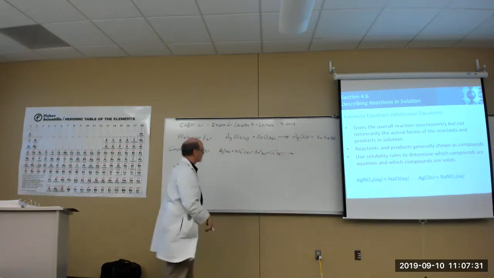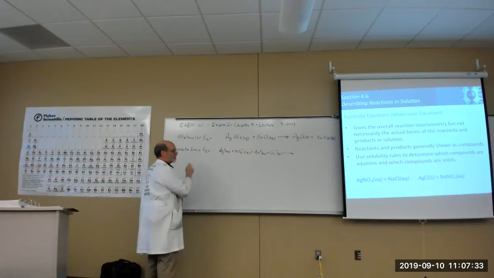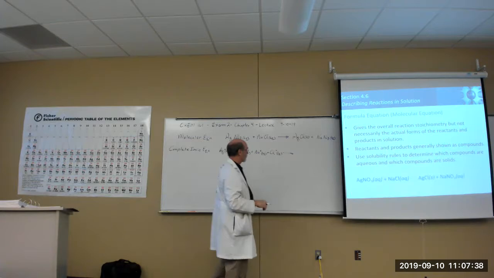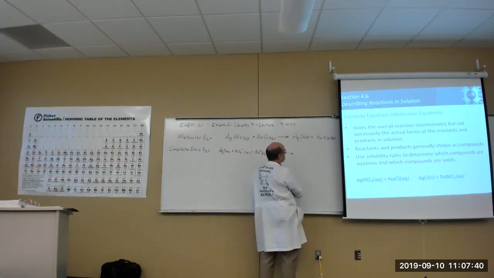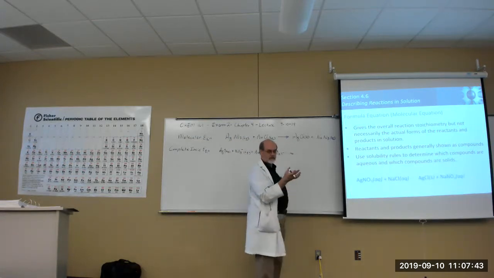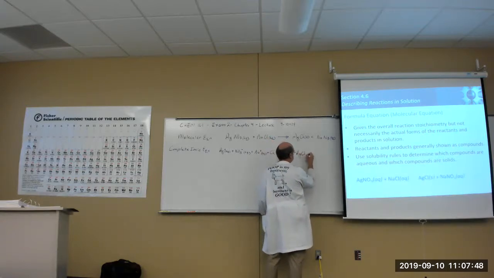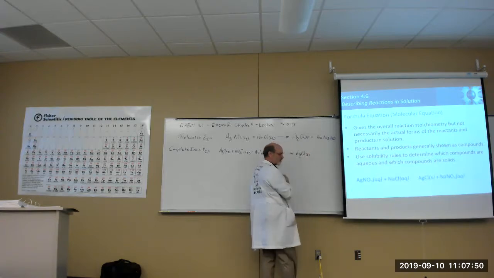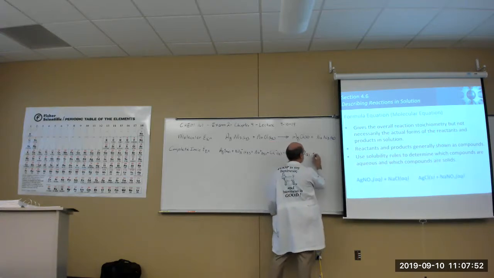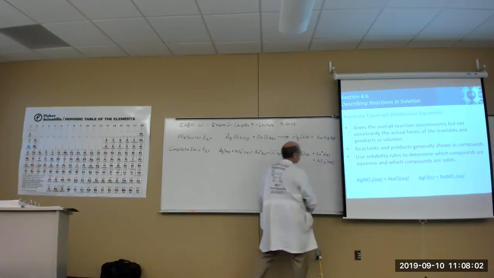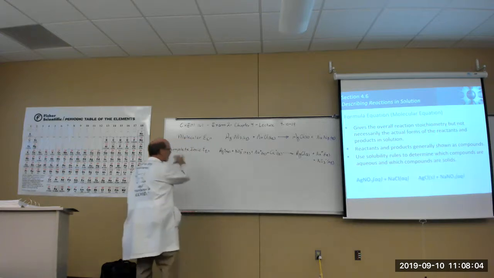That's why they can react, because they are electrolytes. So what do they produce? Well, they produce this solid, right? It doesn't change. It's a solid product, so it stays the same. It does not break apart. But we still have sodium ions and nitrate ions in solution. Okay? That's the complete ionic equation.